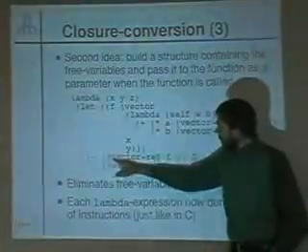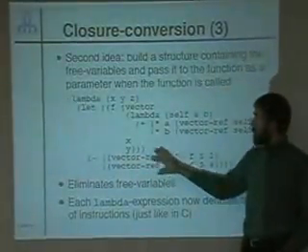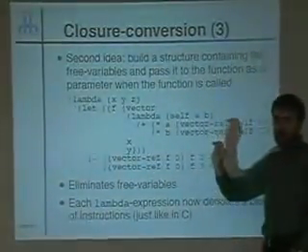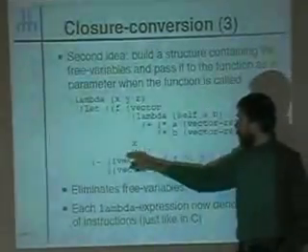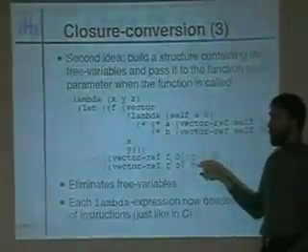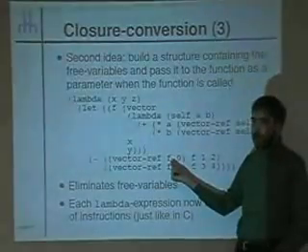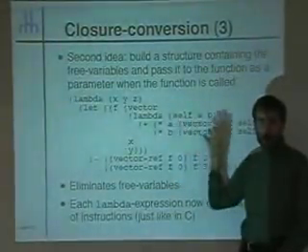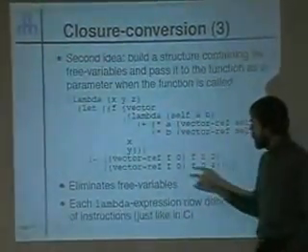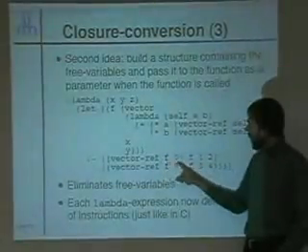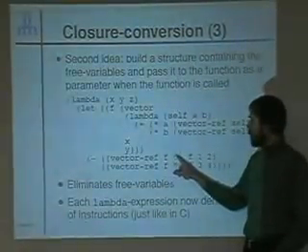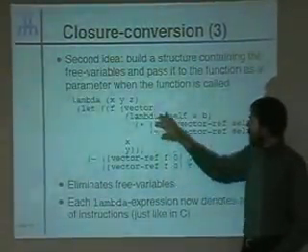In places where you're calling a function, this is the translation of the example where we had f applied to 1 and 2 and f applied to 3 and 4. Here, f represents this closure, this vector. By accessing the first field, we get the function.